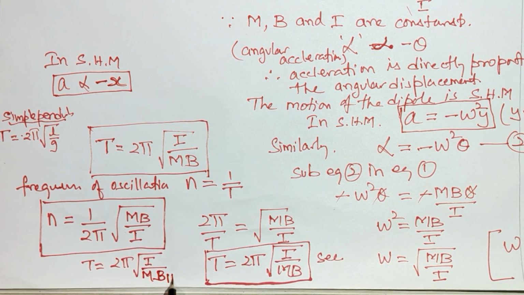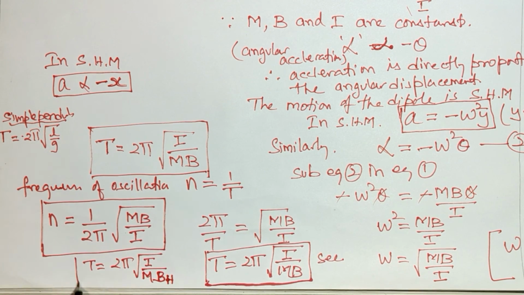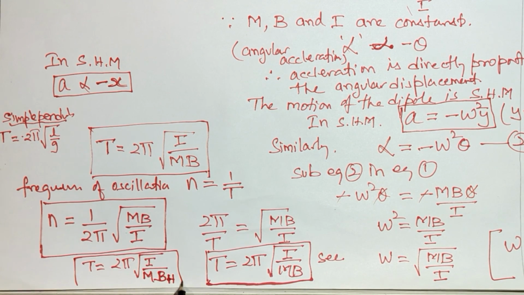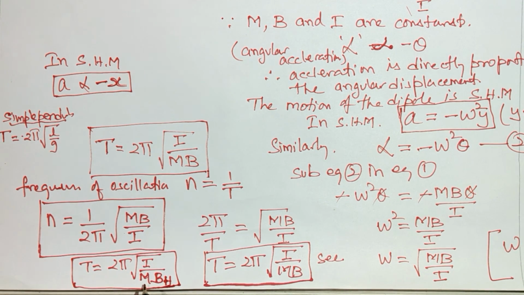Earth's field. Therefore, we take Earth's horizontal value, the BH value, and write it here. So, this is the formula to measure the time period of oscillation of a magnet placed in Earth's magnetic field.